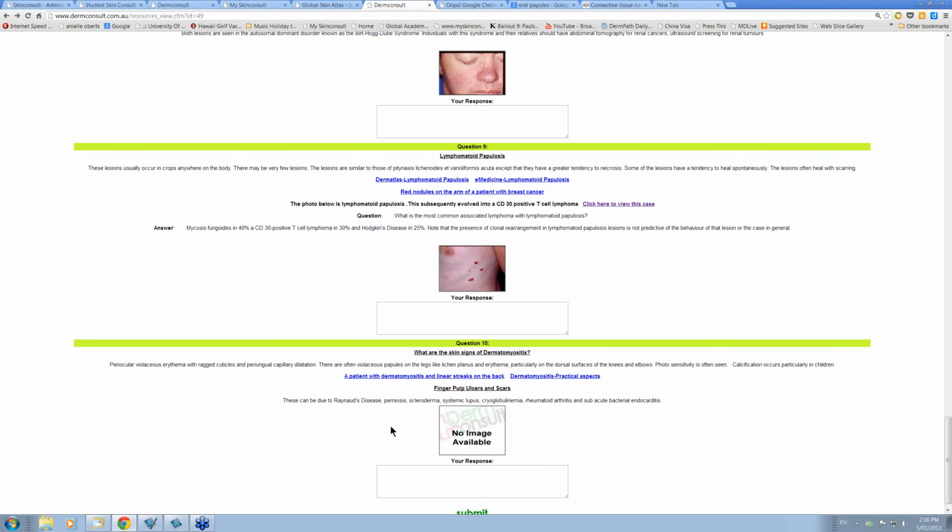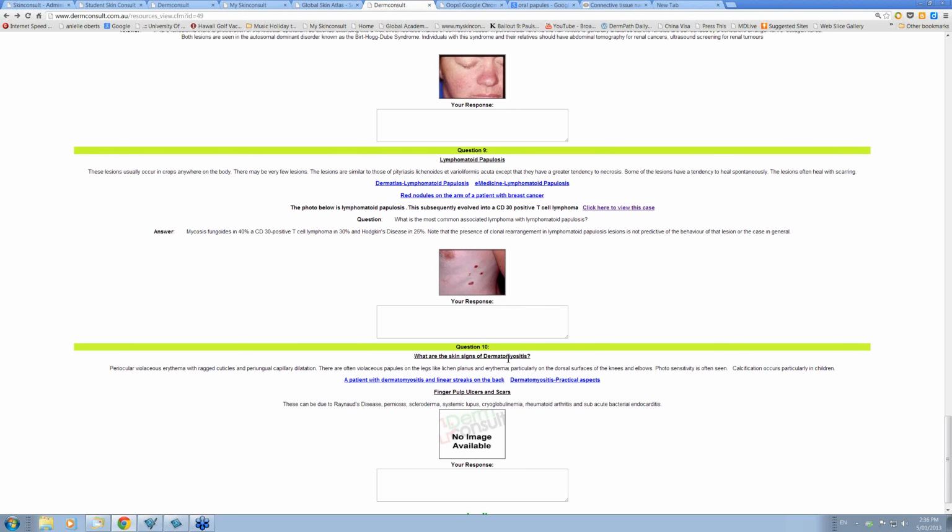So, lastly, what are the skin signs of dermatomyositis? Well, it's one of those classic disorders that dermatologists can often diagnose much better than anyone else. They'll present initially with some edema of the eyelids and that violaceous color around the eyes as well. They'll often have some erythema on the elbows and the knees.